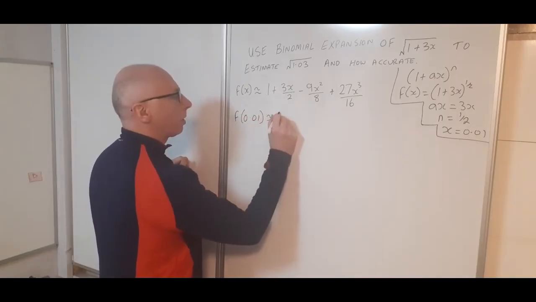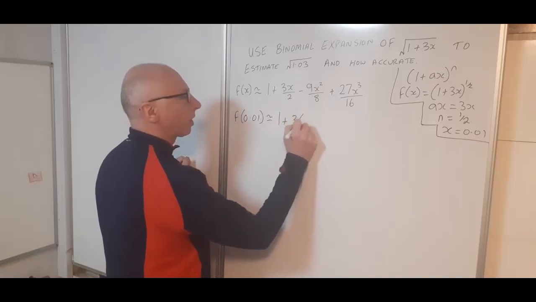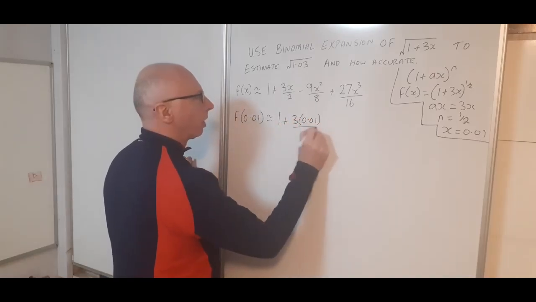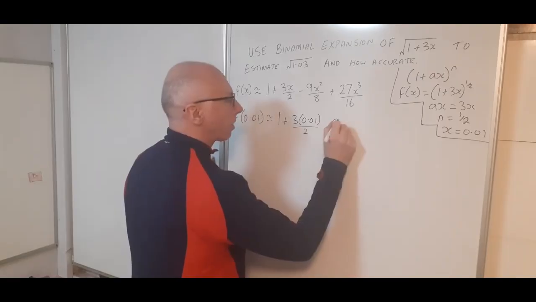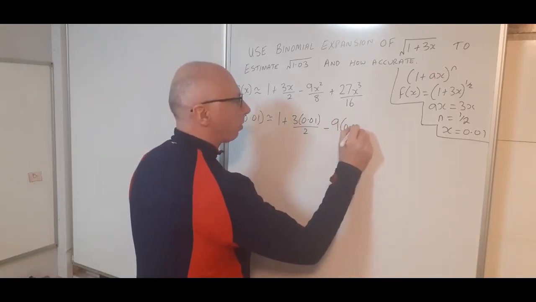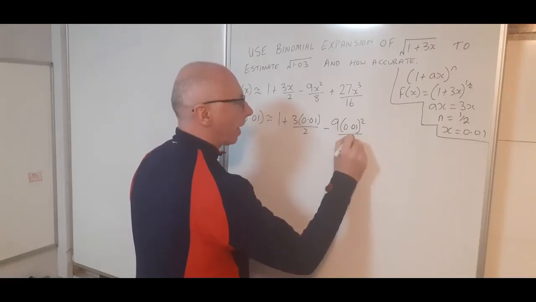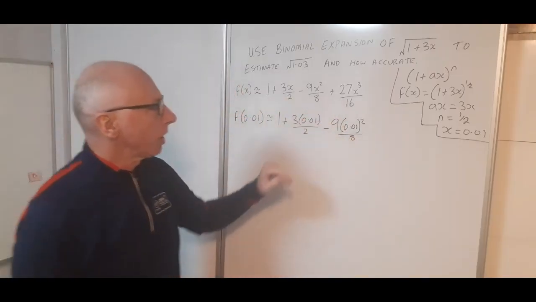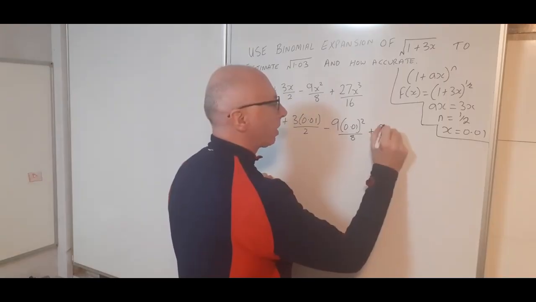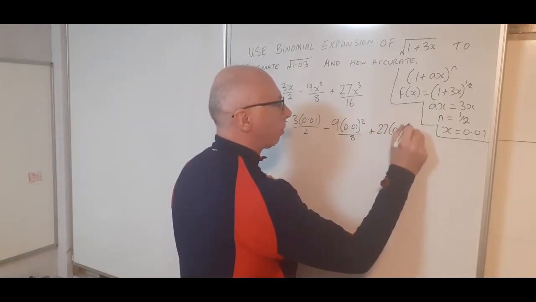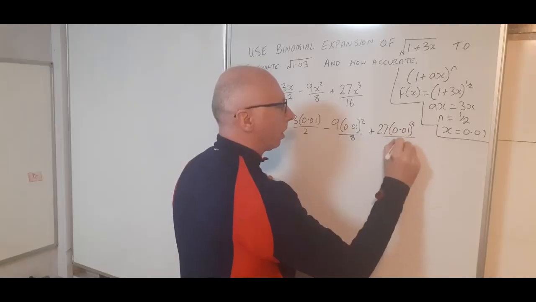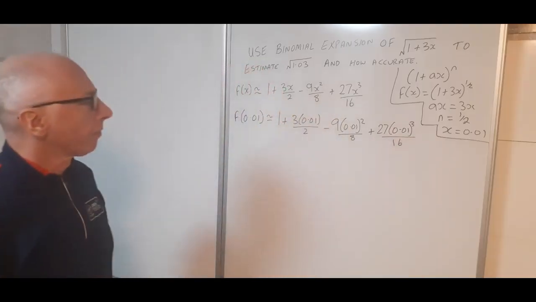So that's going to give me 1 plus 3 times 0.01 over 2, minus 9 times 0.01 squared over 8. And then same again with this one, plus 27 times 0.01 cubed over 16.